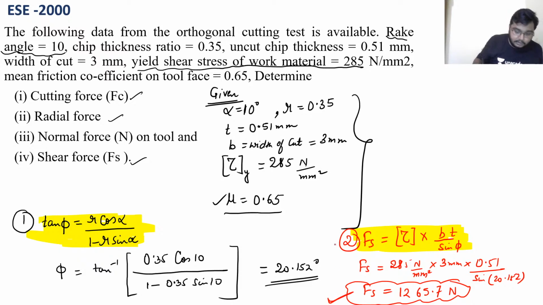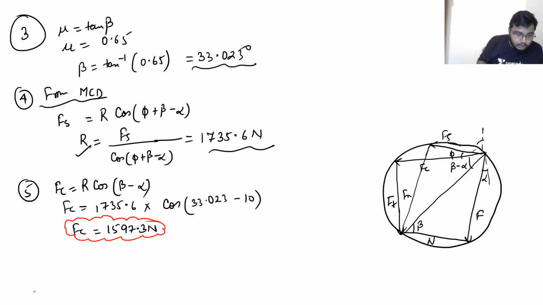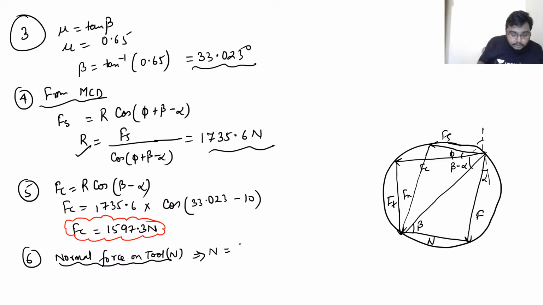You already know the value of Fs. Next is N, the normal force on tool. How can you find the value of N? N is equal to R cos beta. So R is 1735.6, cos of 33.023.